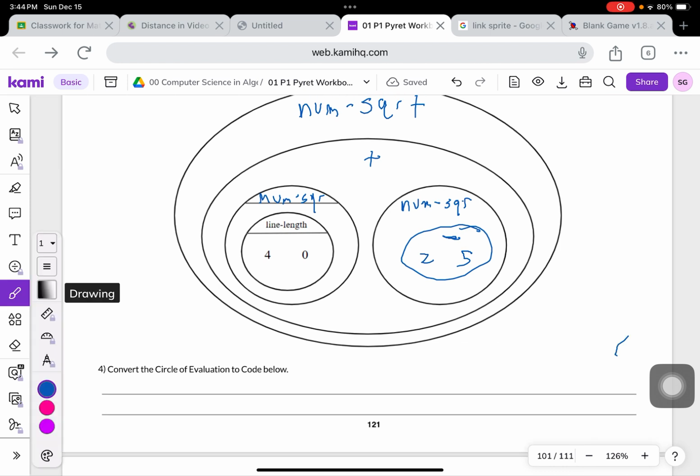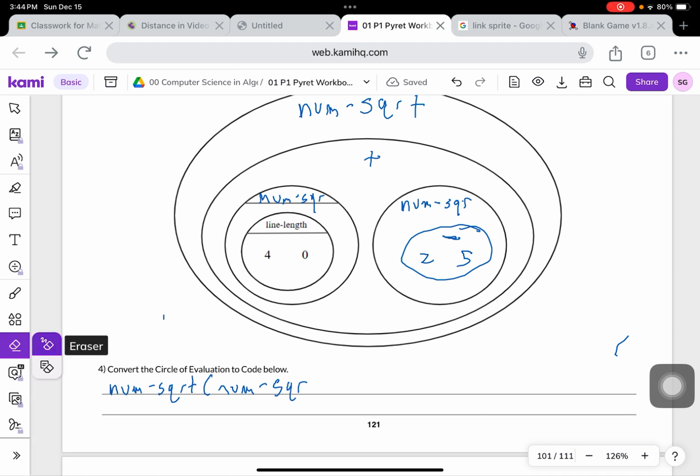So we're going to do num-sqrt, and then we're going to do num-sqr. Maybe I should just type it.